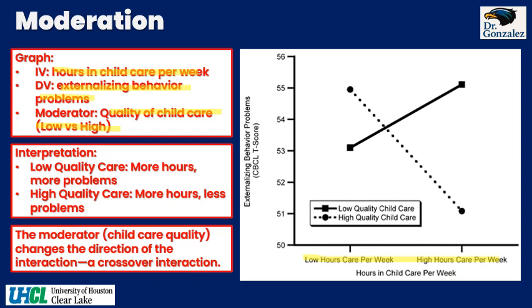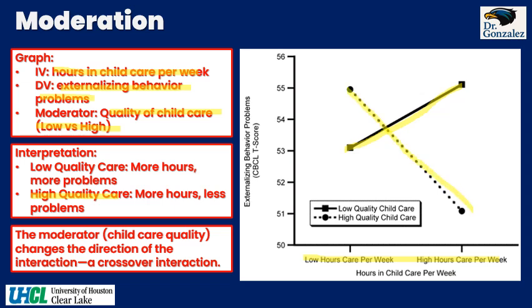So the interpretation of this graph is that when you have low quality care, what happens? As you go along and you have more hours, it accumulates problems. More behaviors are being externalized. More children are being hit by other children. But if you look at high quality care, as you see, it goes down.